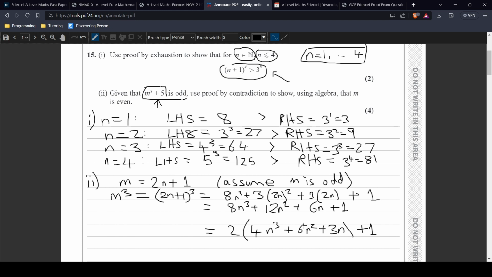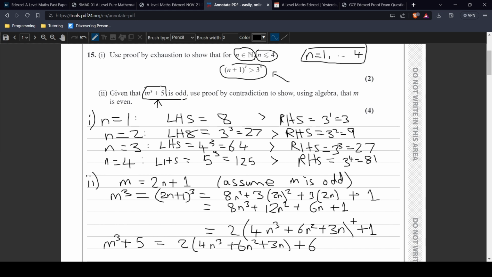So m cubed plus 5 is going to be all of this stuff: 4n cubed plus 6n squared plus 3n, and then plus the 1, and then plus the 5, so plus 6. Okay, so this is m cubed plus 5.